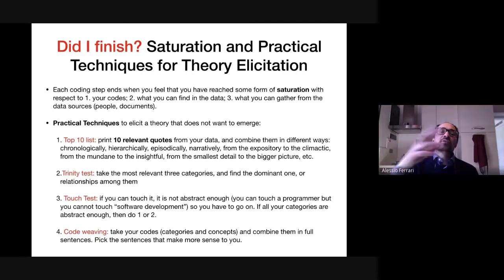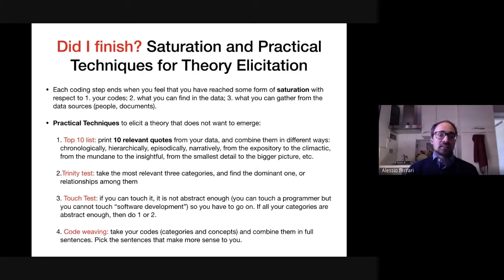So combine them in different ways, and try to see whether from this combination of quotes you can derive a possible initial hypothesis that you can test. Trinity test. Take the most relevant 3 categories, find the dominant one or relationship among them. This is also a strategy that you can pick. So you find the most relevant 3 categories and you want to understand the focus of your theory.